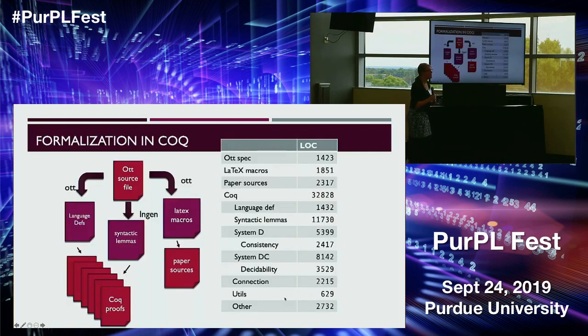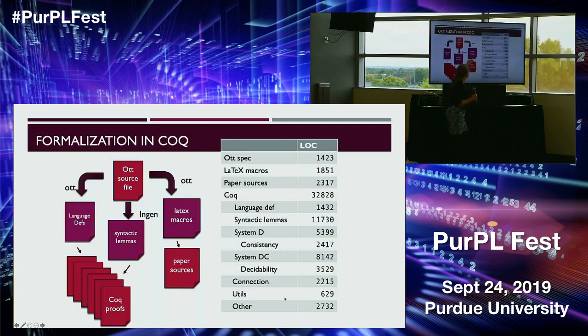One tool that we used, the OTT tool by Peter Sewell and his group, is a way of specifying languages so that you can generate both the definitions in Coq of the semantics of your program, but also the LaTeX macros that you use when you write your paper about that language. What does this mean?